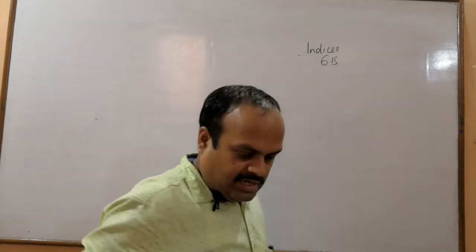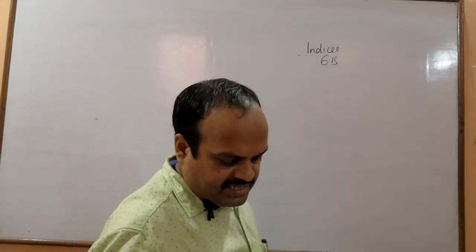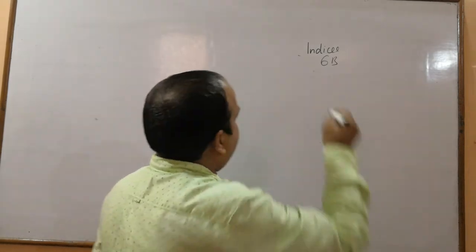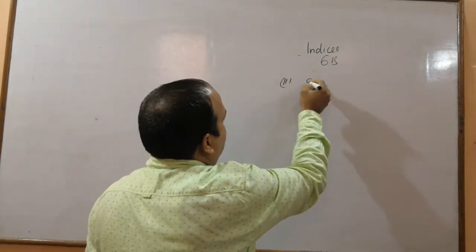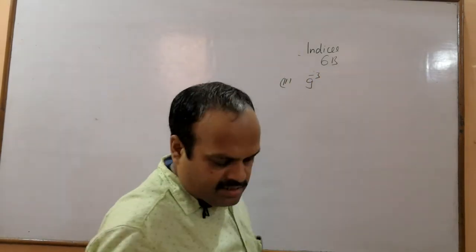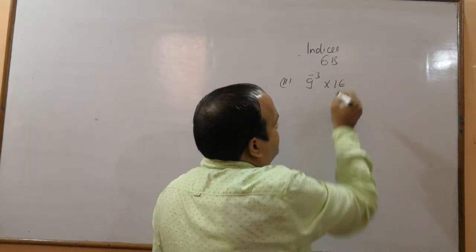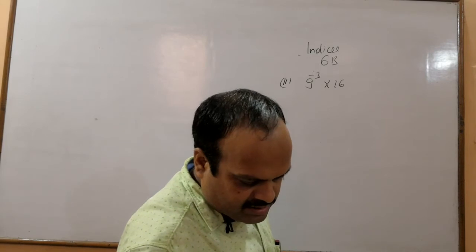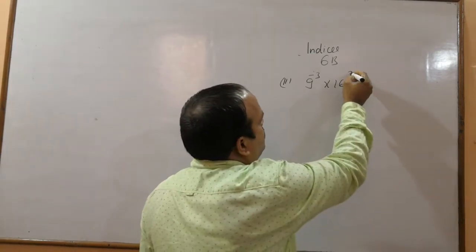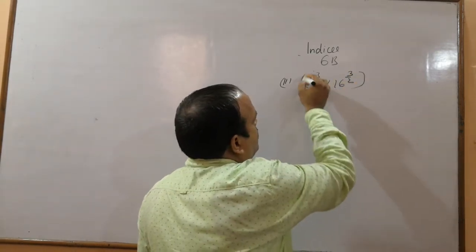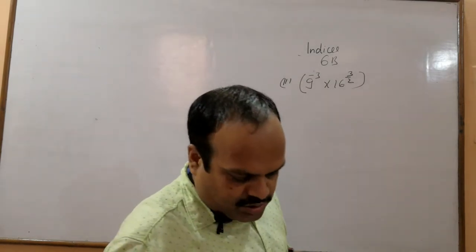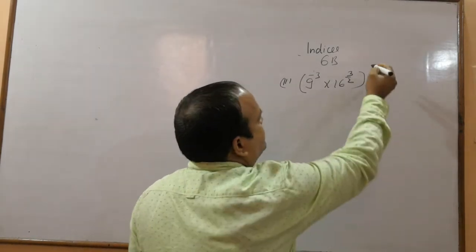Next, third part. 9 to the power minus 3 multiplied by 16 to the power 3 by 2, whole product is raised to 1 by 6.